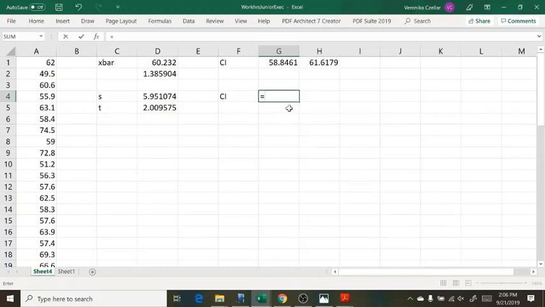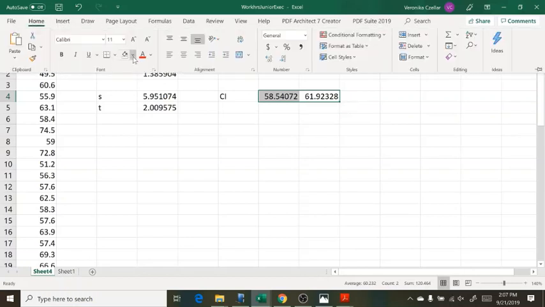And now for the lower bound, we said that it's x bar, which is here, minus this t value times the sample standard deviation divided by the square root of 50. And same, almost exactly the same thing, but with a plus inside. So we have this times the sample standard deviation divided by square root of 50. Here you go. We just obtained our confidence interval.